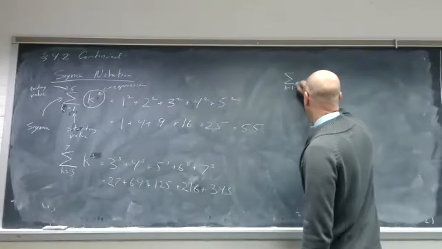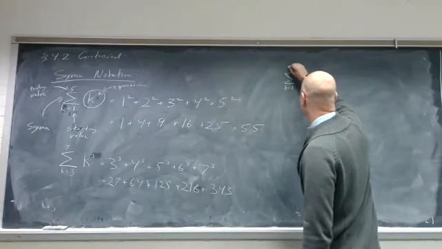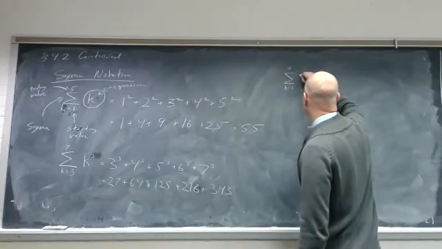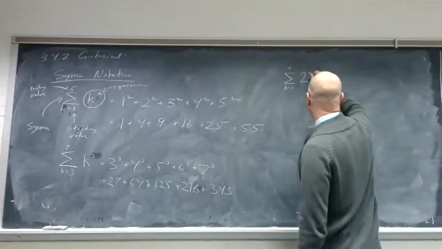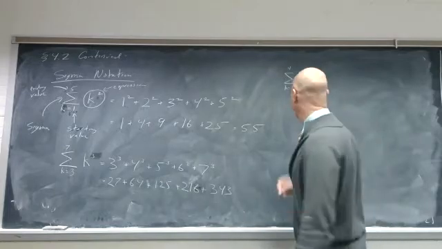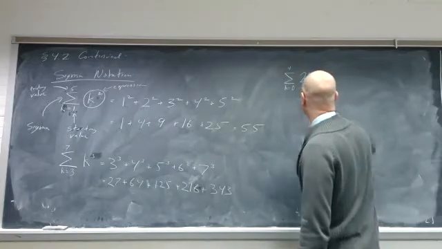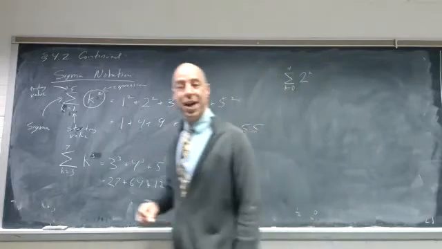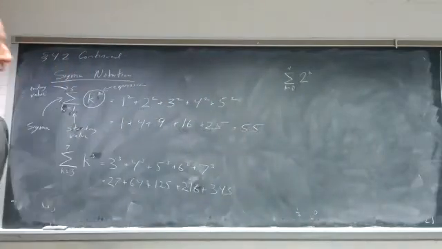K goes from 1 to 4 of 2 to the power K. So let's make it K goes from 0 to 4. K goes from 0 to 4. Write that one out. You don't have to evaluate it. You can if you want.